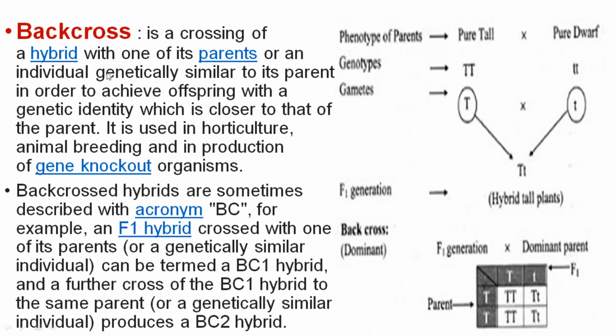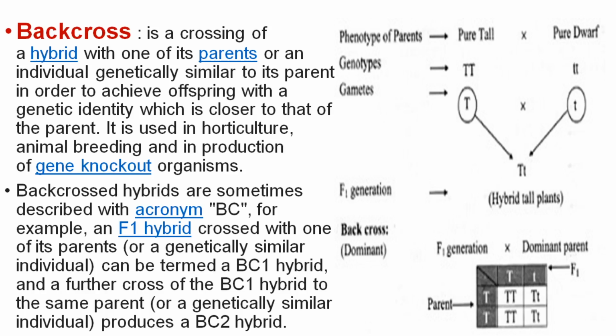This is a crossing of a hybrid with one of its parents, or an individual genetically similar to its parents, in order to achieve offspring with a genetic identity which is closer to that of a parent. It is used in horticulture, animal breeding, and in the production of gene knockout organisms. In this backcross method, the F1 hybrid offspring is mostly crossed with either of the parents, that means dominant or recessive, or it can be crossed with a genetically identical parent.